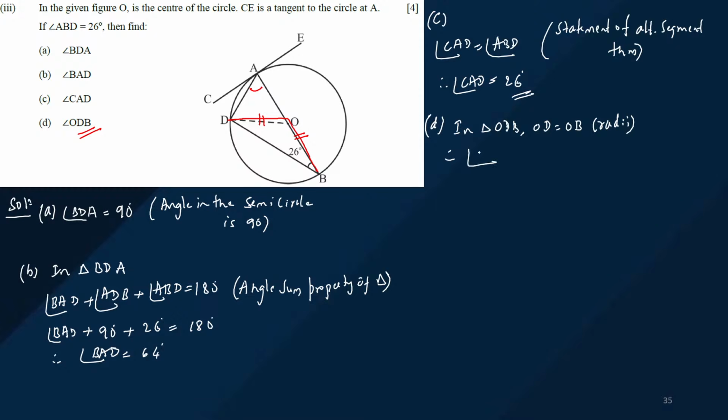So therefore, ODB is equal to OBD. They are nothing but the base angles of an isosceles triangle. So therefore, ODB is equal to 26 degrees.